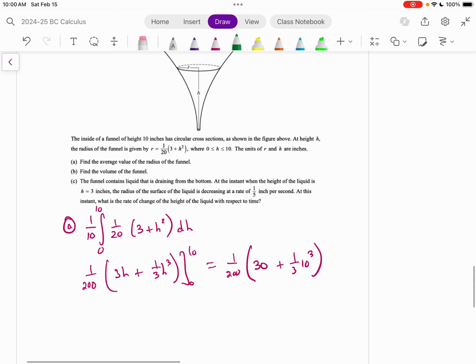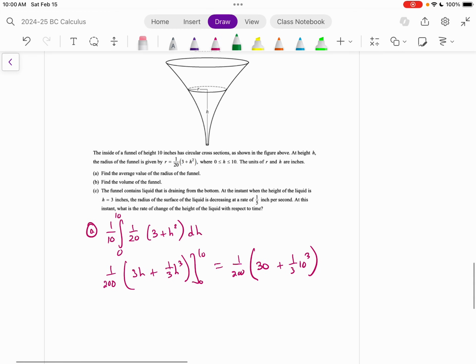Okay. Find the volume of the funnel. Oh my God, why are they making us do all this nonsense? Okay. The volume of the funnel, well, if we know the radius at every point, each of these little cross sections is going to be this little disc here, right? These little discs with height dh and this guy r, right?